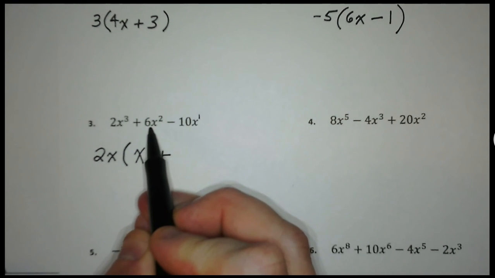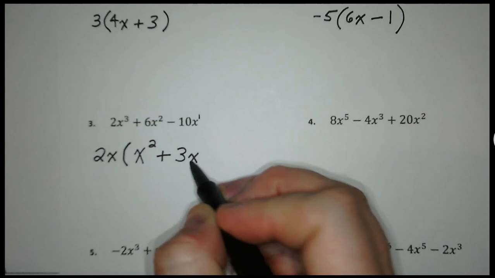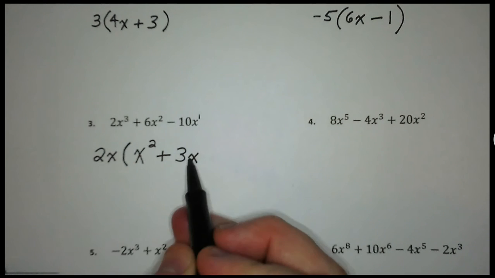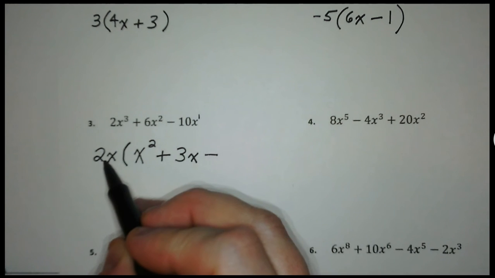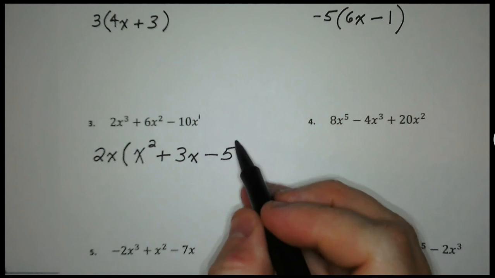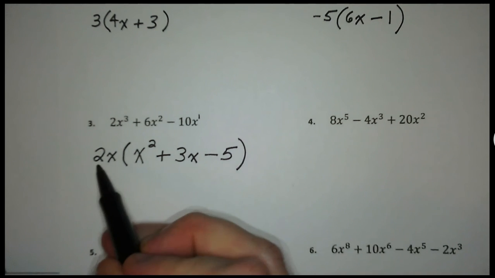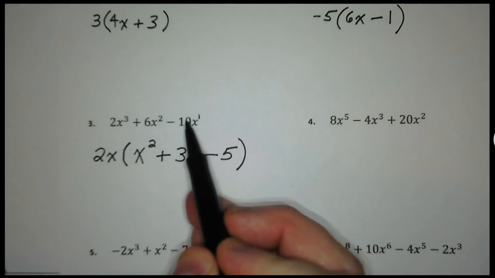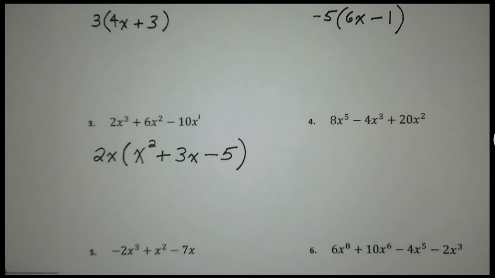When you divide 2x away from 6x squared, you have 3x. Again, 2x times what makes 6x squared. And then minus, when you're dividing 2x away from negative 10x, negative 5, and that's it. Again, 2x times negative 5 is negative 10x. That's how that works. Okay?